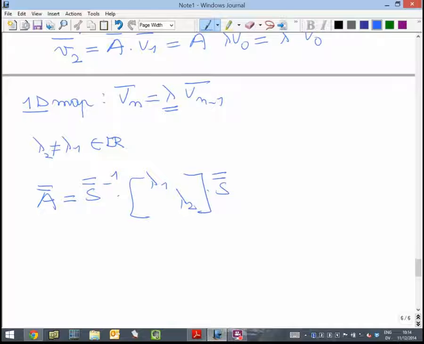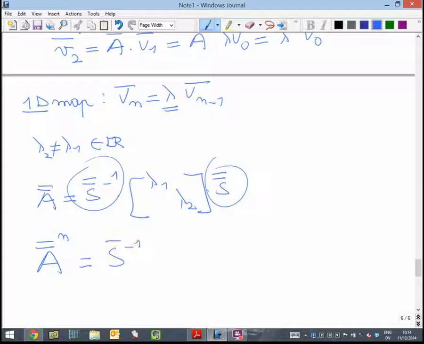Now the good news is, here we're working with cases where we need to apply this matrix repeatedly, because we keep on iterating our map. This means having A raised to a certain power if we want to calculate xn. If we have A raised to the nth power, you can clearly see that this will simplify a lot, because if you multiply them out, this S will cancel with S inverse, and then you have the product of these diagonal matrices, which is also quite simple to evaluate.